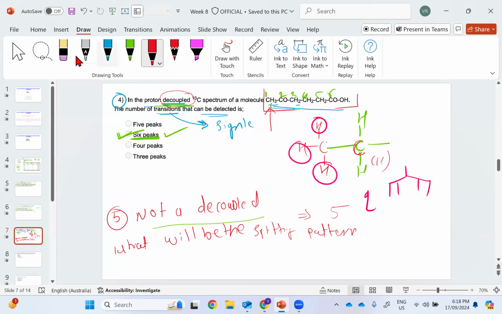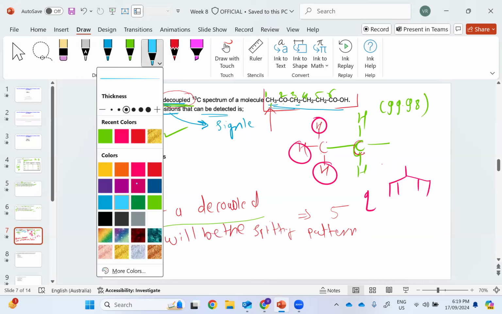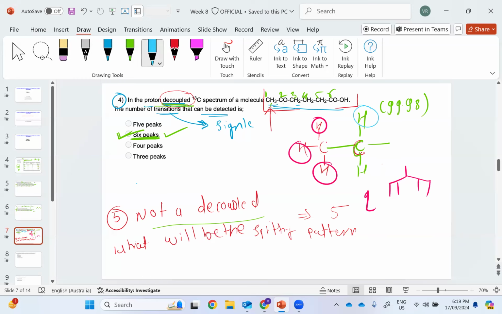So that's why we generally do not observe the splitting due to the adjacent carbon atom. But there are protons available which are present at about 99.98%, right? Because of this blue circle proton, again this carbon will show a triplet, right? So again each signal will split into a triplet.